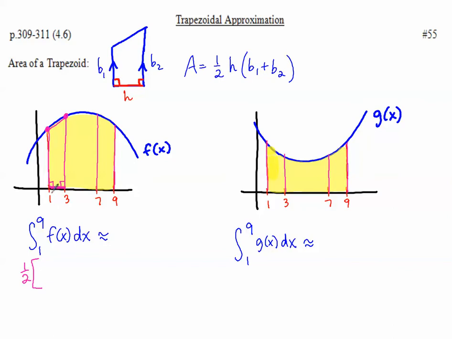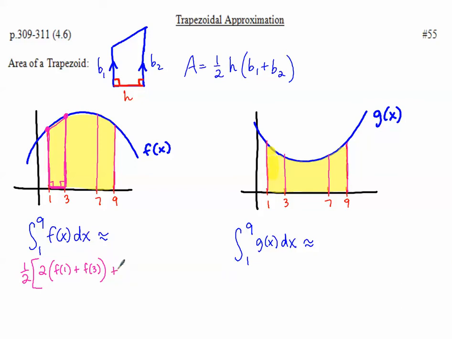So the distance here is a length of 2. So 2 is the height times the length of the first base, whatever function value it takes me to get up that high. So plug in 1 to the function, so f of 1, plus plug in 3 to the function for this first base and get up to that curve, that's the function value at 3. So this is base 1 plus base 2.